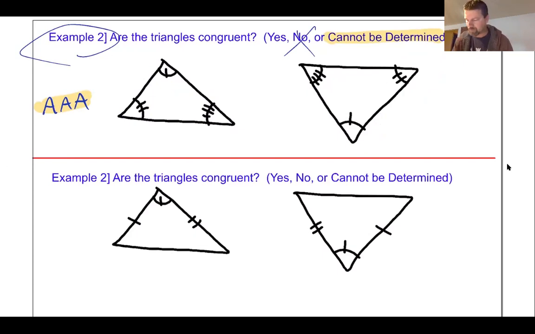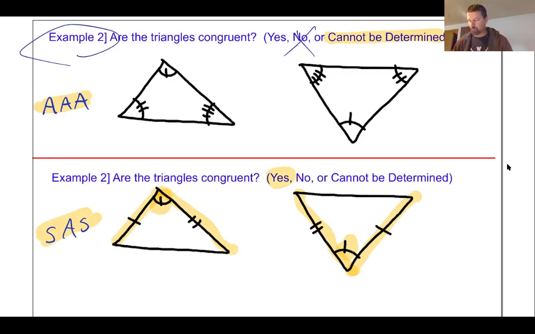All right. This next one, example 2, has a side and then an angle and then a side, same as this side and then an angle and that side. That would be the side, angle, side shortcut. The side, angle, side shortcut works as a congruence shortcut. So as long as I know it has a side, an angle, and a side congruent, I can say yes, those are congruent.